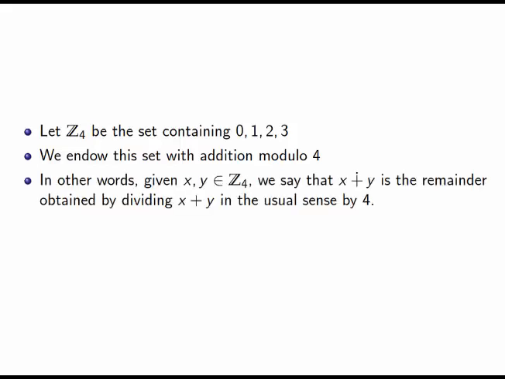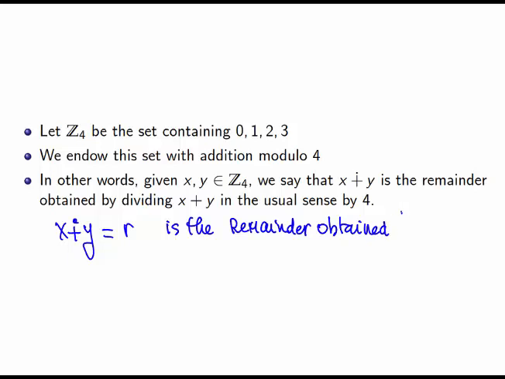To add two numbers, x plus y, we'll say that x plus star y, call it r, is the remainder obtained by dividing x plus y, where this x plus y is in the usual sense of integer addition, by 4.